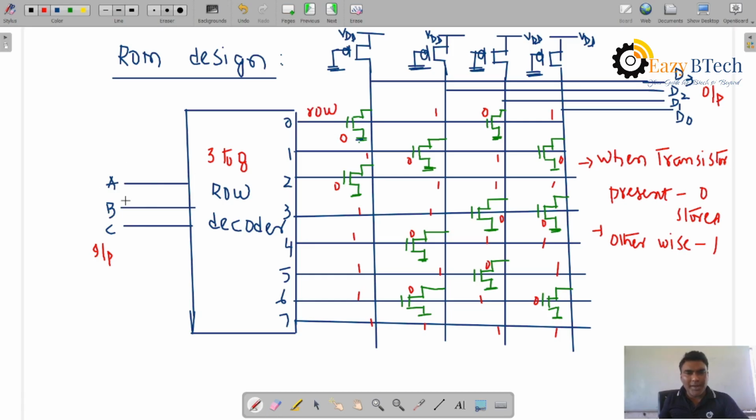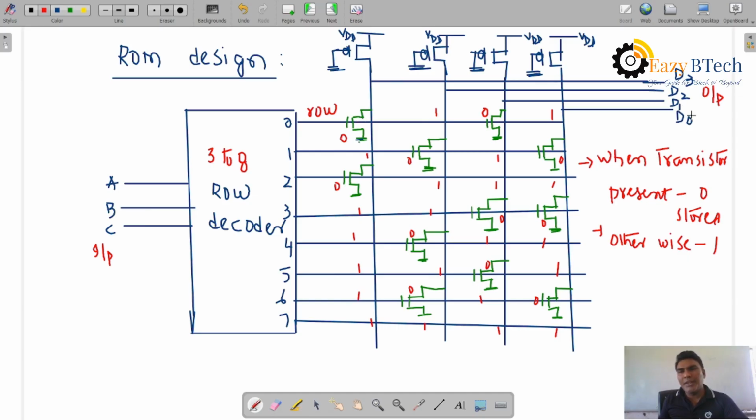According to this address line, the output row is selected, and the column is the data output line. This is a ROM design. So ROM has permanent data stored in these transistors, zeros and ones. Each address location has its data stored. This is the structure of the pseudo NMOS connection.